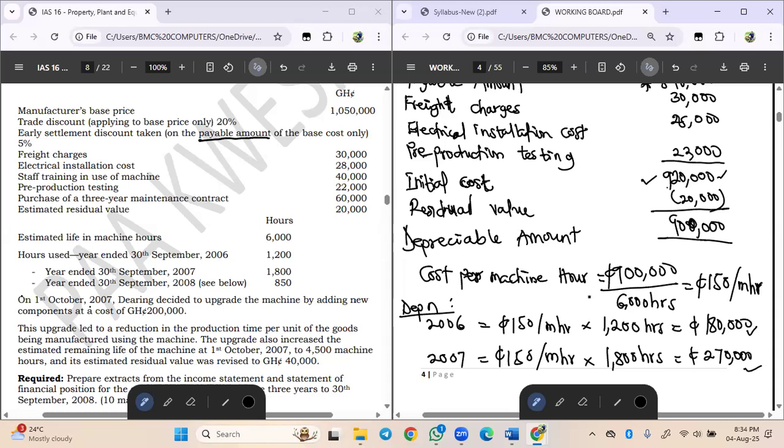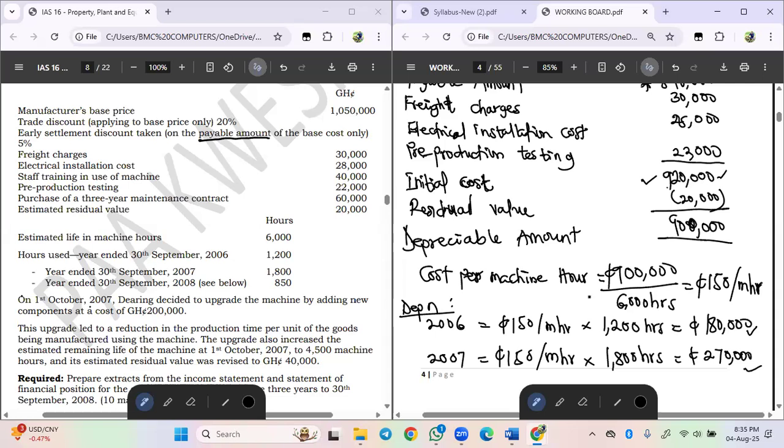720. 720 is close, but it's not 720, please. Okay, 740. Thank you. So how did you get the 740? The cost less the accumulated depreciation. Yes, the cost.